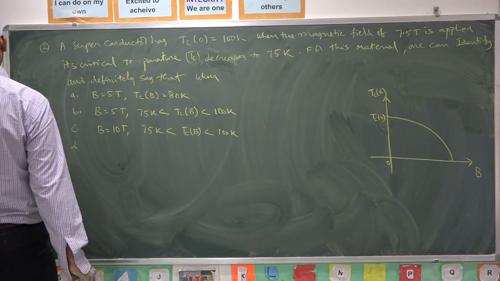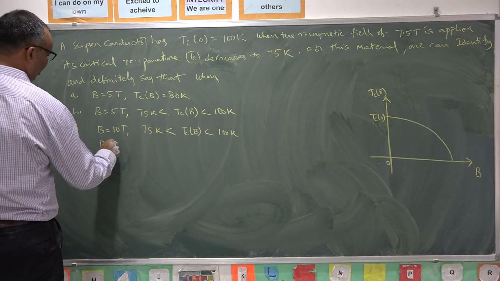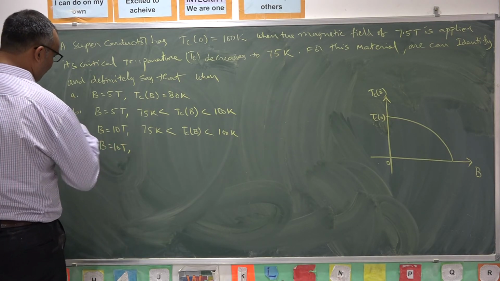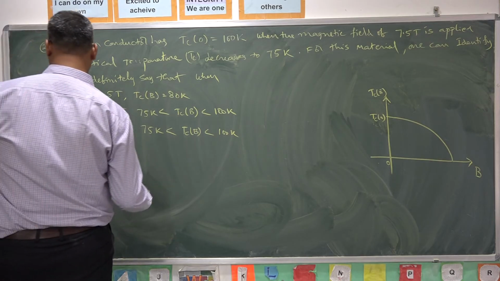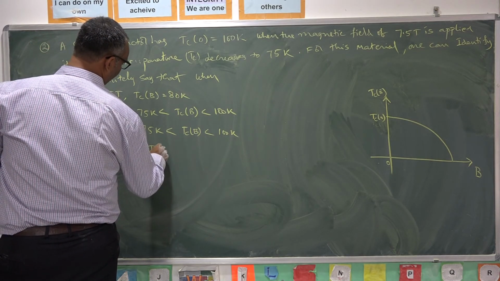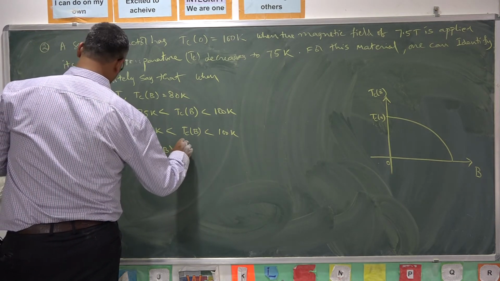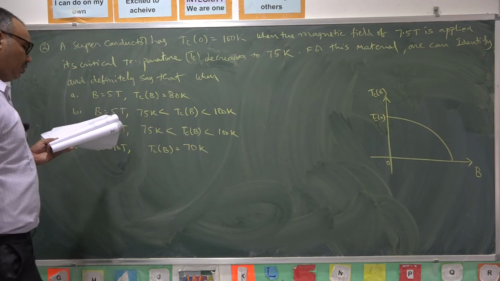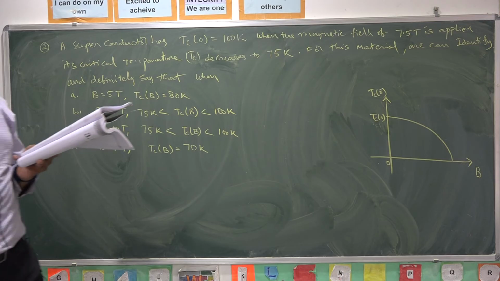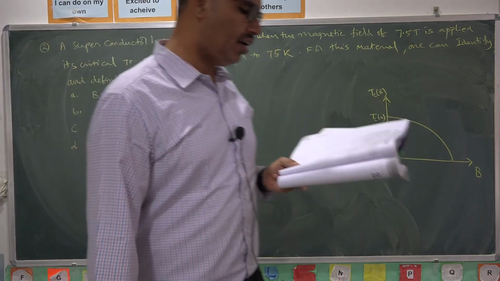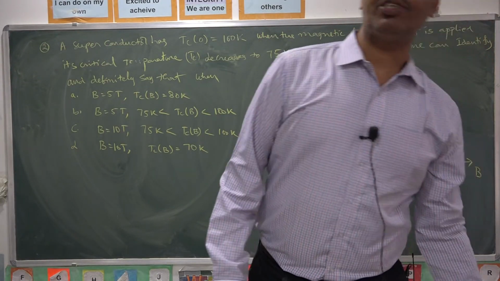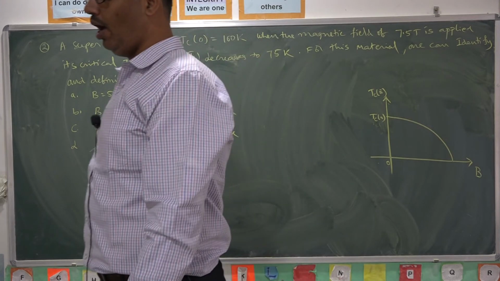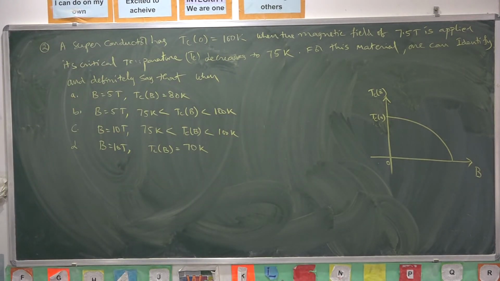Option D, B is equal to 10 Tesla, TCB is equal to 70 Kelvin. We should select the appropriate set of B and critical temperature values as per the given options in the given question.